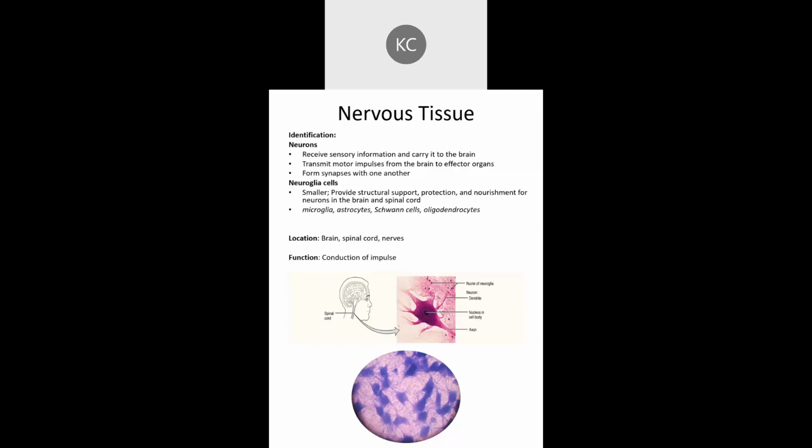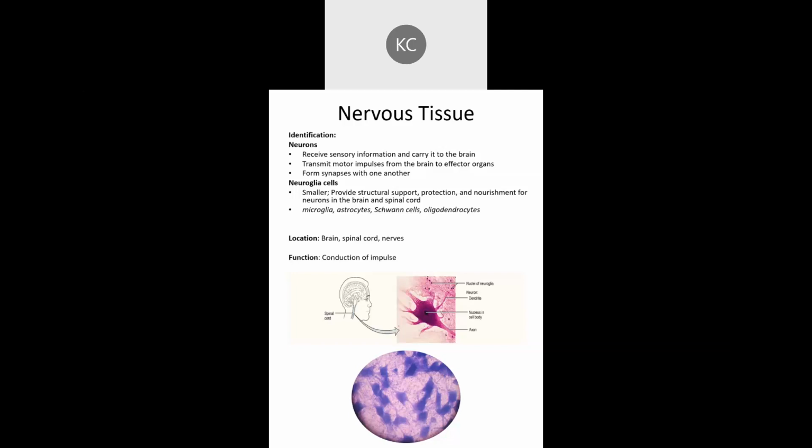We have motor neurons and we have sensory neurons, and we'll talk more about that when we get into more specific nervous system lectures. But they form what are called synapses with each other. And synapses are just these connections between adjacent neurons. So there is a synapse at the end of one neuron and the beginning of another one. That's an easy way to think about it. All right. So neurons are the cells that send and receive electrical impulses.